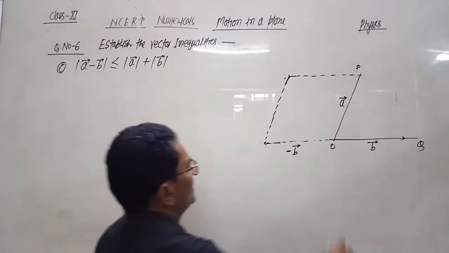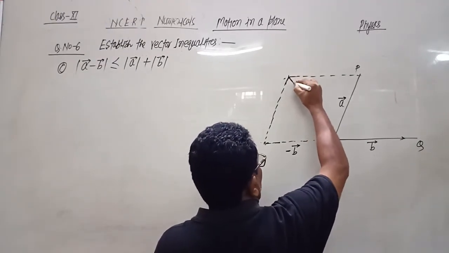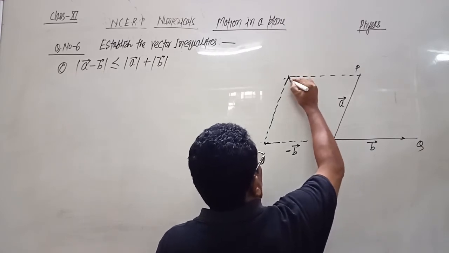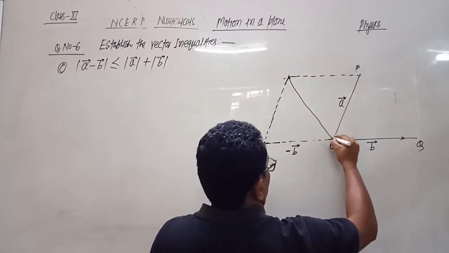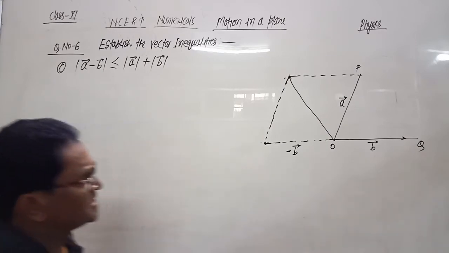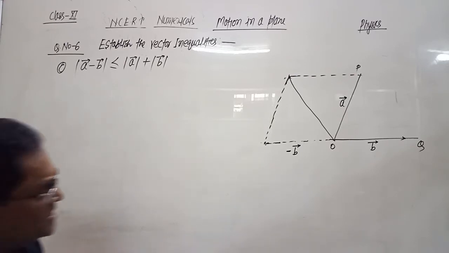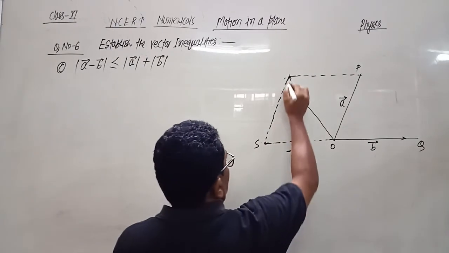Then the resultant vector will be given by this. Name it S and T.